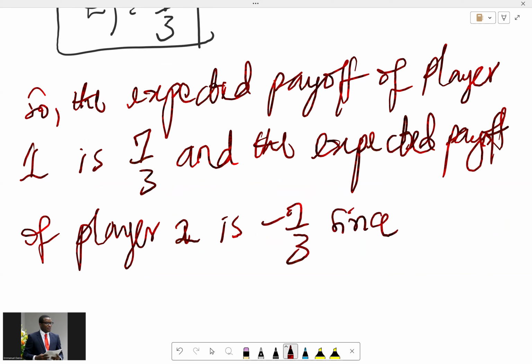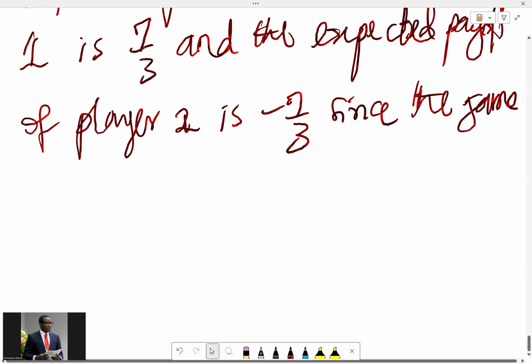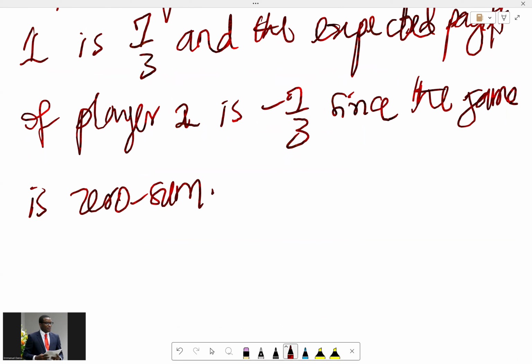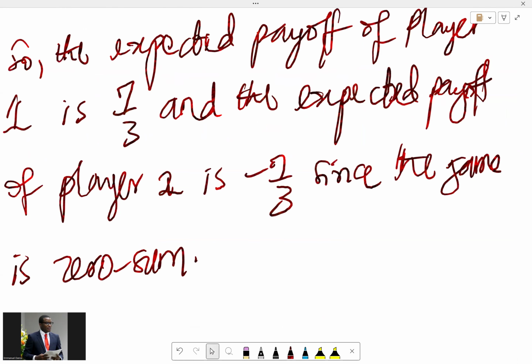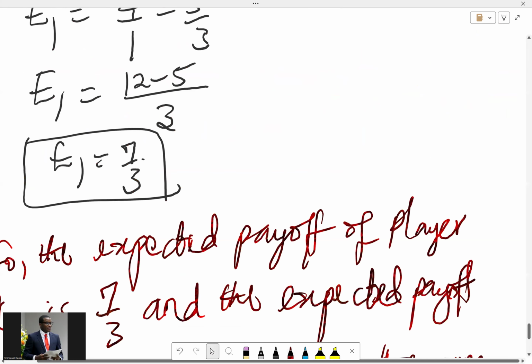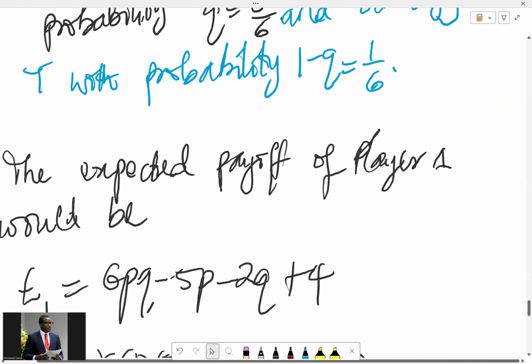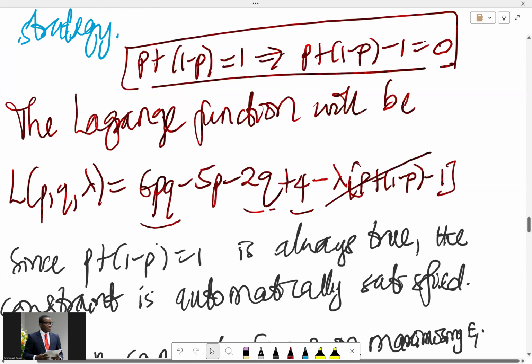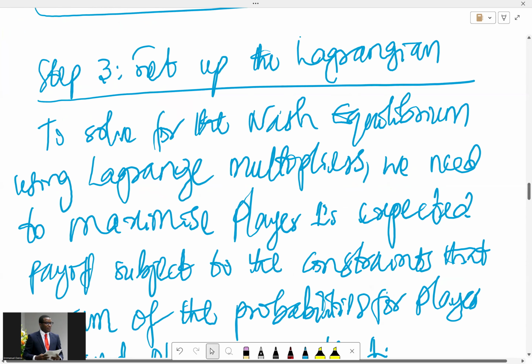Since the game is zero sum, whatever player 1 gains, player 2 loses. If player 2 loses, player 1 gains. Basically, that's the idea of a zero sum game. You may want to go ahead and do it for the expected payoff for player 2 to confirm if this is correct. But this is the process to go. It's a pretty long one.